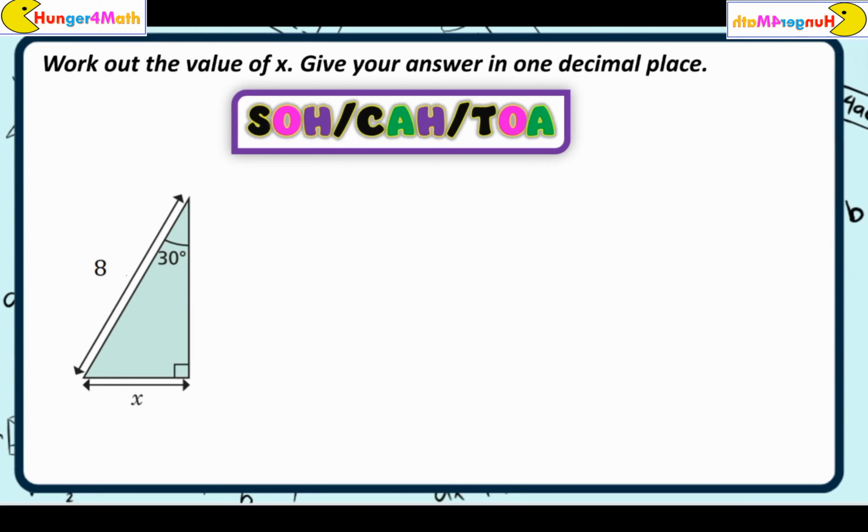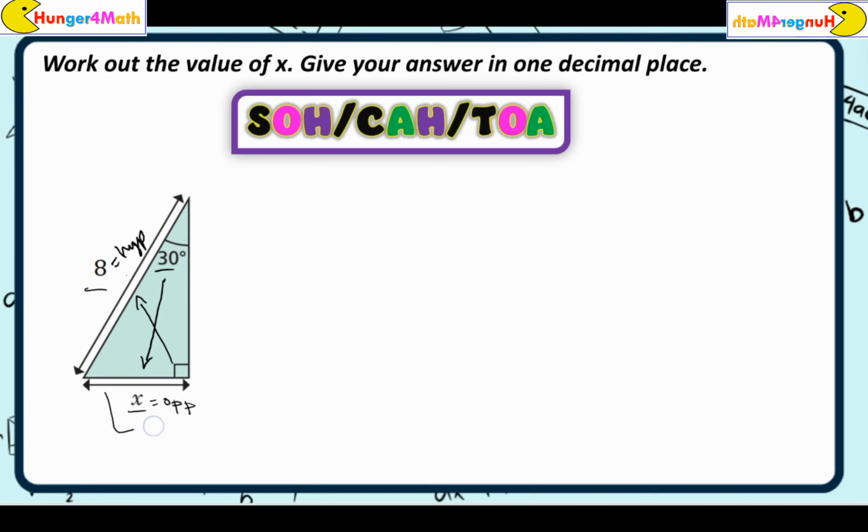In this right angle triangle, we have here 8, x and the 30 degrees. Let's name them. 8 is the hypotenuse, since that is the opposite of the 90 degrees. And the x here is the opposite side.